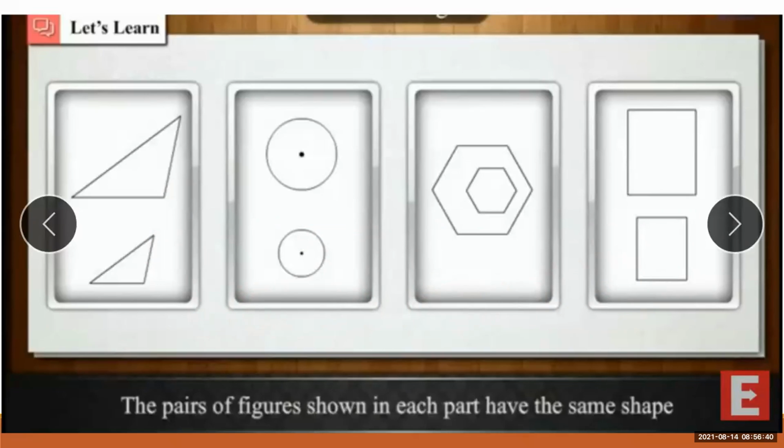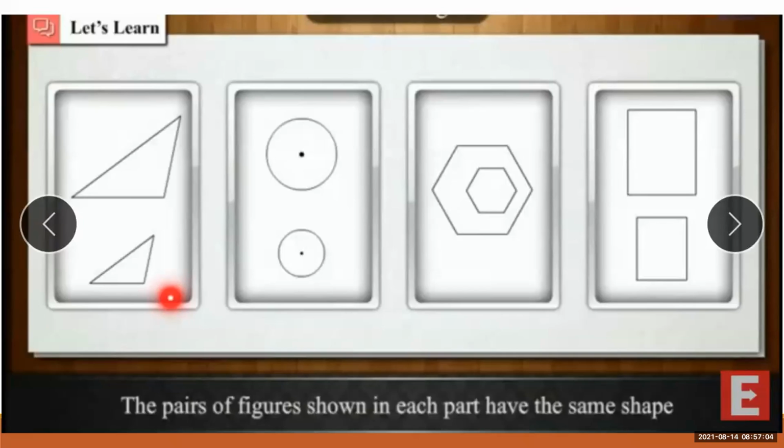So when the shapes are the same only, those like-looking figures are called similar figures. What is meant by similar? Similar means like-looking figures.